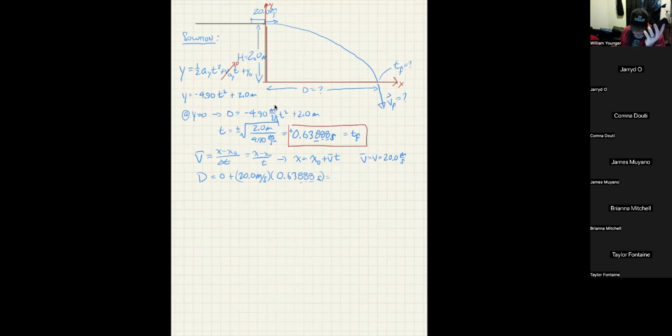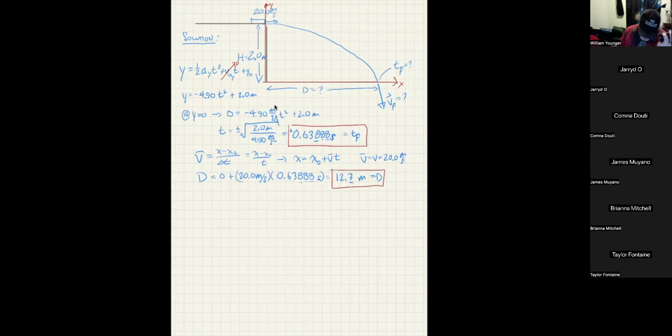Now if I multiply it by 10, it'd be 6.3. So when I multiply it by 20, it's going to be 12.6, maybe 12.7. So we're going to call this 12.7, and that really is giving one extra sig fig already. So I'm going to call that 12.7 meters, and that's equal to D. So I now have solved that problem as well.